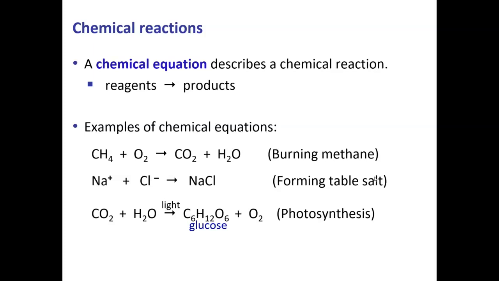Carbon, oxygen, hydrogen on the left, carbon, hydrogen, oxygen on the right. There would never be elements on the right side that were not on the left side. So chemical reactions do not convert one element into another. They're just combining atoms together, or separating them, or rearranging them into different combinations.